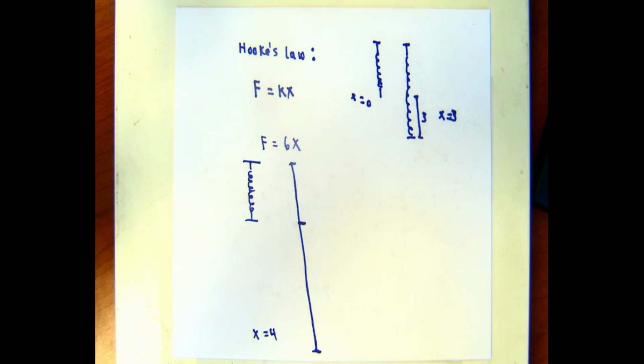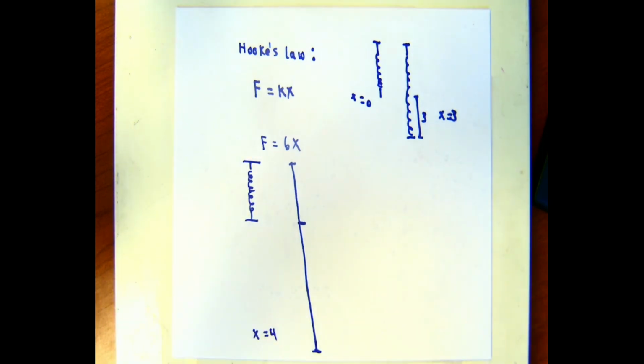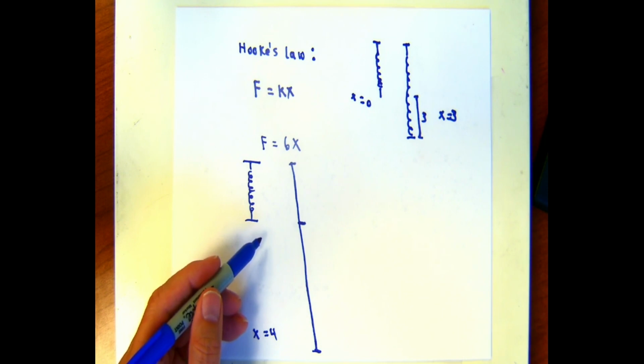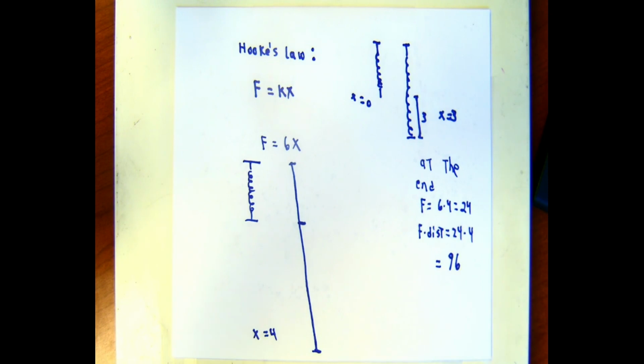I want to imagine taking a spring whose force equation is force equals 6x, so that the k is equal to 6. I'm going to start at its equilibrium length, and I'm going to stretch it 4 feet. For this problem, we'll take the force to be in pounds, and the distances to be in feet.